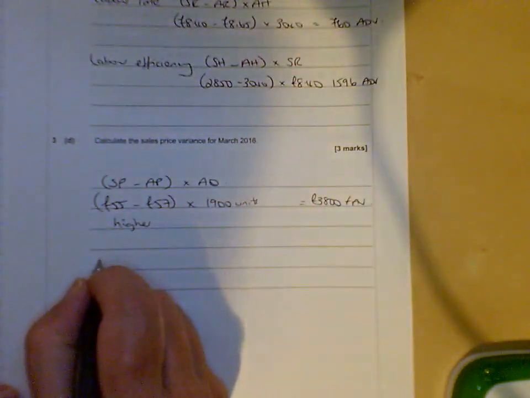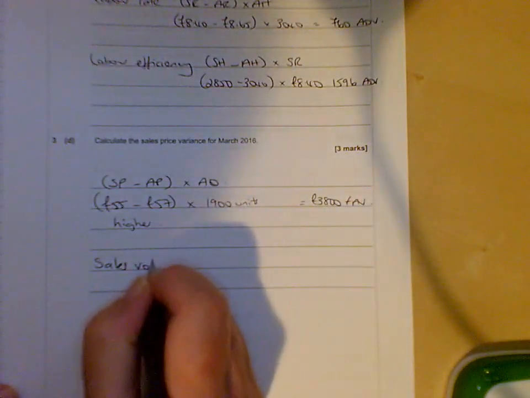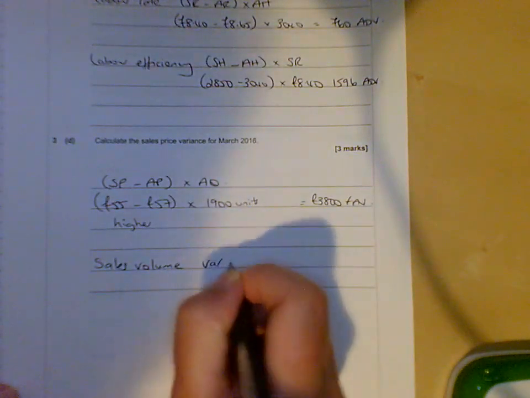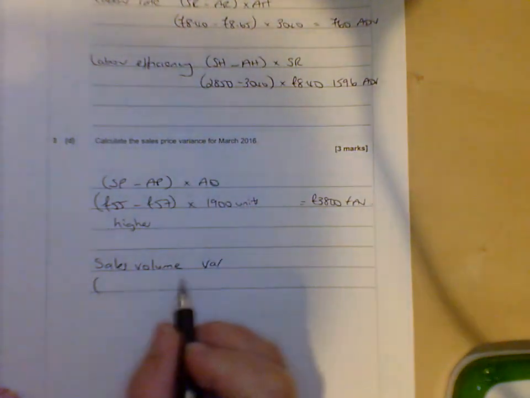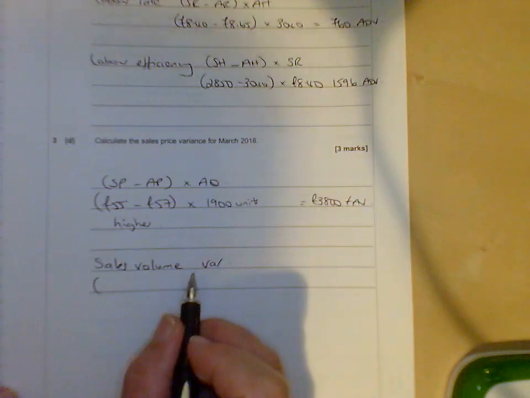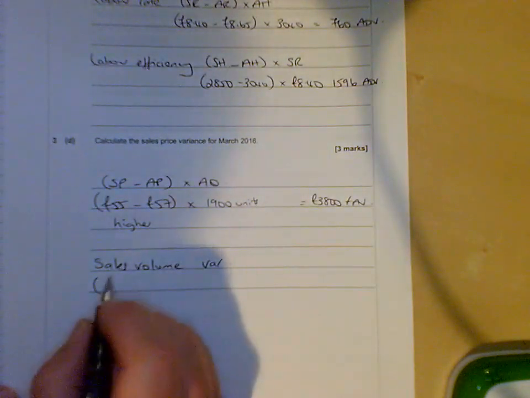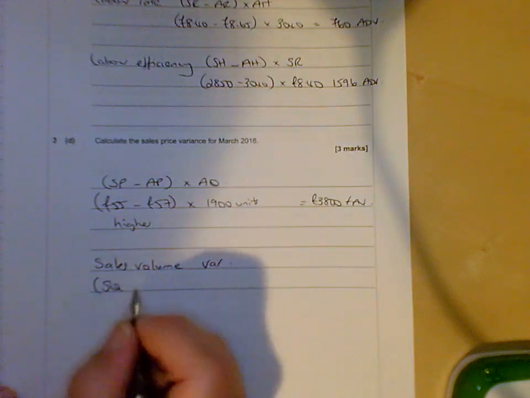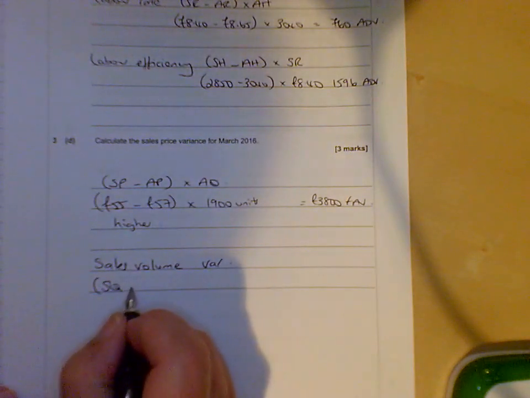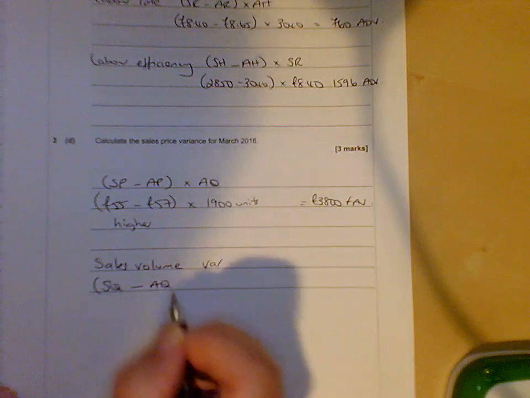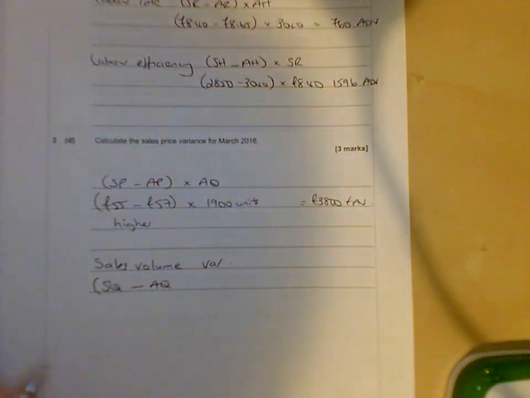Now, it doesn't ask us to do this, but we could actually calculate the sales volume variance as well. I'm just going to remind you about this one because I want to show you the difference between the sales volume variance and what we actually include in a profit reconciliation. The sales volume variance is the standard quantity. Remember, this is the only time you ever need standard quantity. So the planned level of output was 1,850.